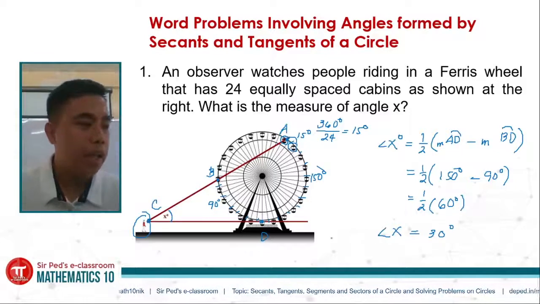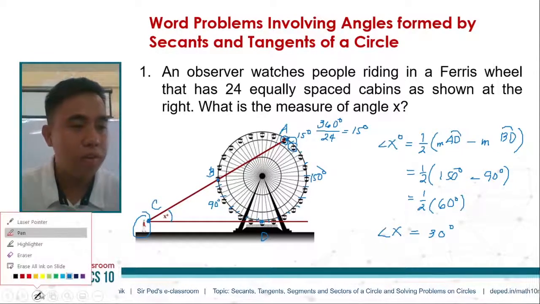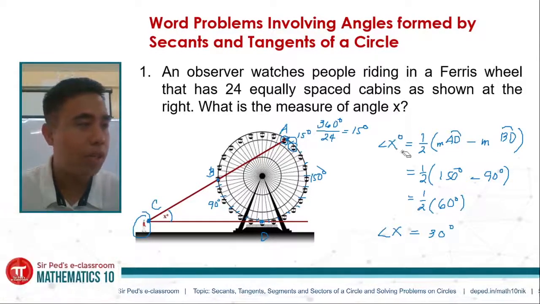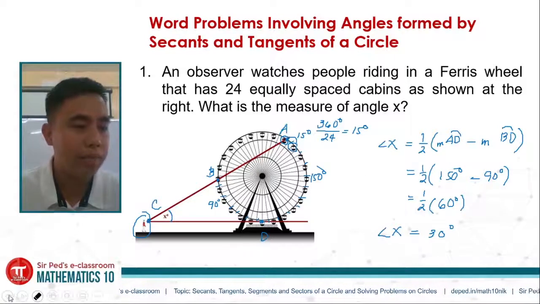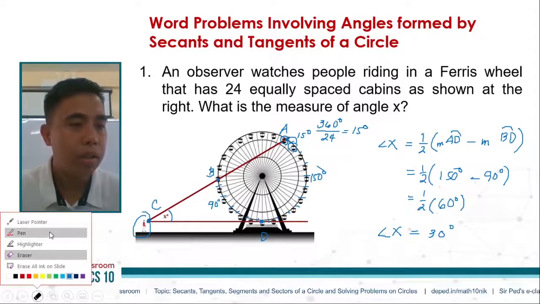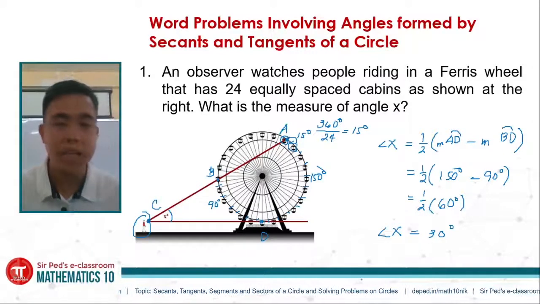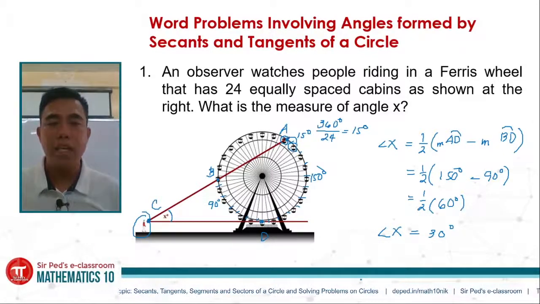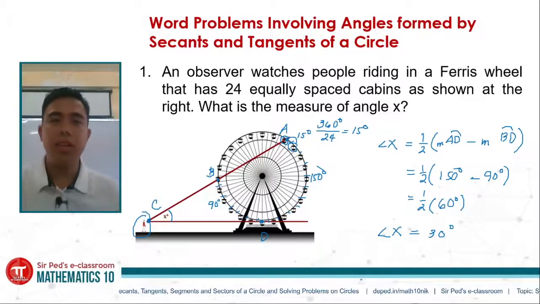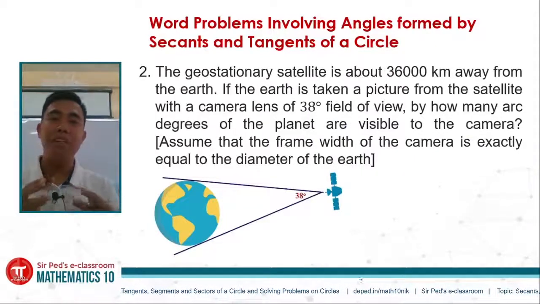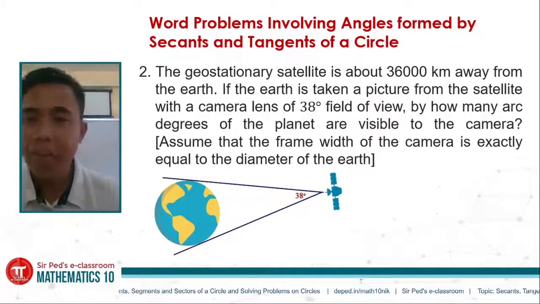So, angle X, bakit may degrees doon? May I remove that one? Sige, remove ko yan. Angle X is equal to 30 degrees. Ganun lang yan.